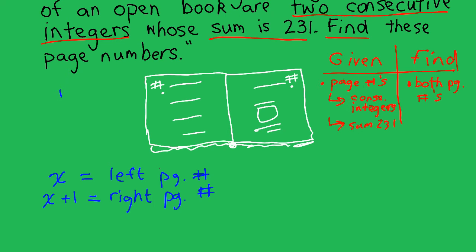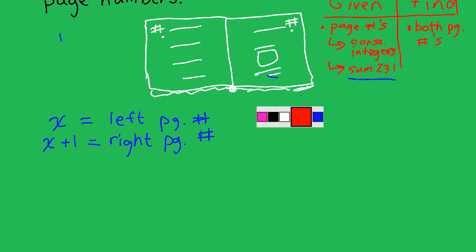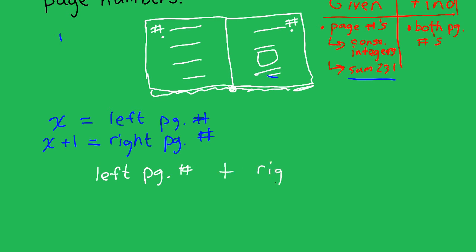Okay, now we need to translate this into an equation. So if you'll remember from back here, we said that the sum of these two page numbers is 231. So I can put that equation into words. The left page number plus the right page number is equal to 231.